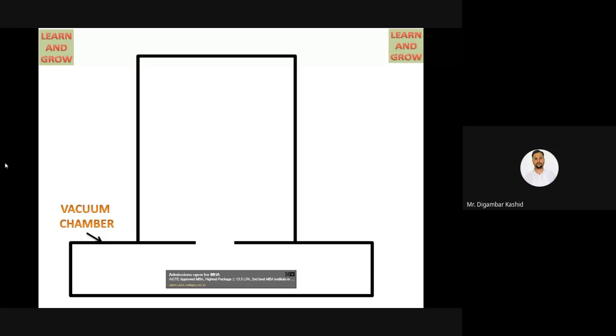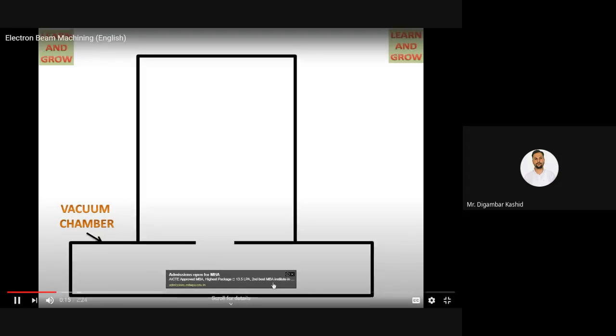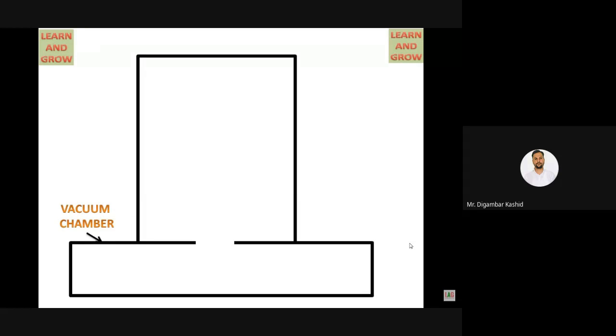Just we'll see the one animation video how this electron beam machine works. Okay, you can see this is a vacuum chamber. Actually there is voice, but from this PC it is not possible to give the voice. Okay, so this is your grid cup, that is cathode filament. Okay, and to heat that cathode filament, we require the high voltage cable.